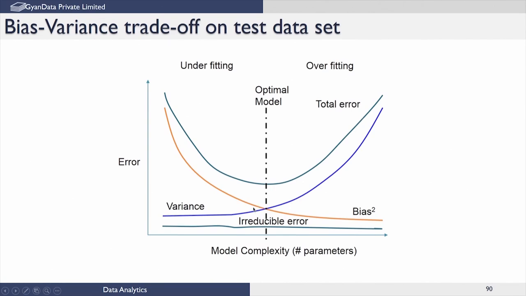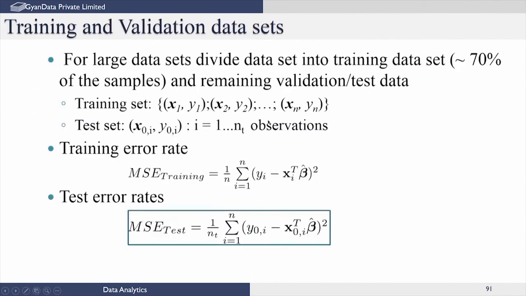So, it is the trade-off between these two that gives rise to the minimum value of the MSE on the validation set, and that is what you are looking for. You want the optimal trade-off between the bias, which keeps reducing as you increase the number of parameters, and the variance, which keeps increasing. This is what we are going to find out by cross validation.